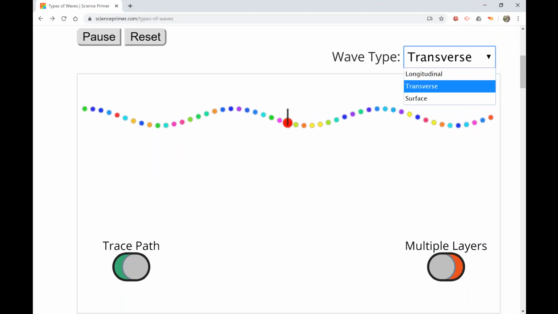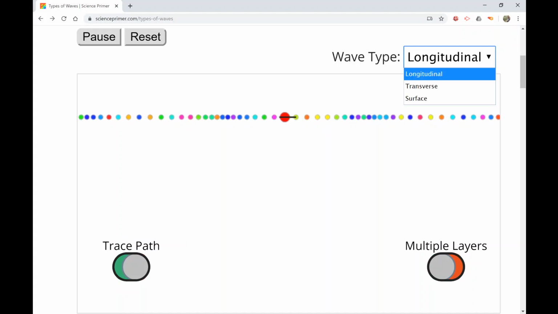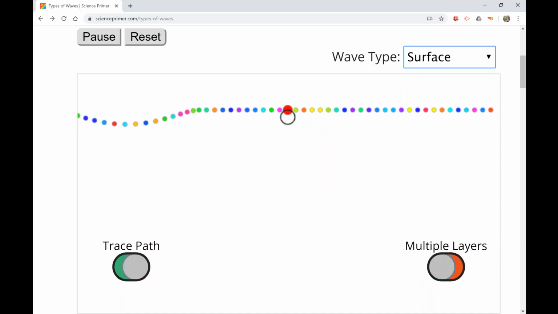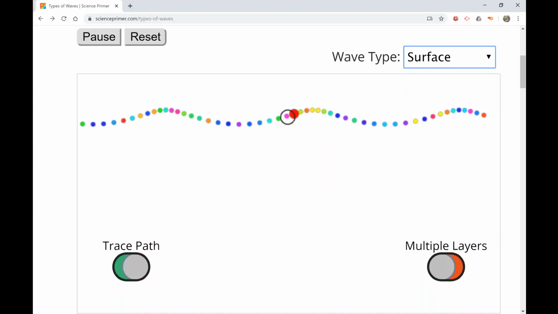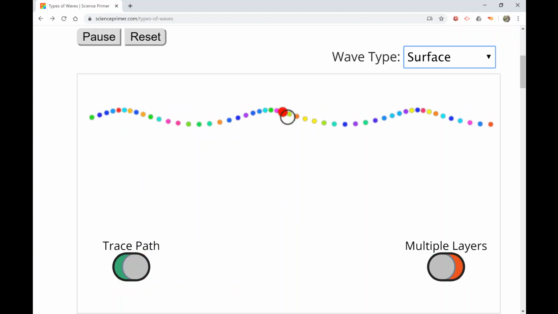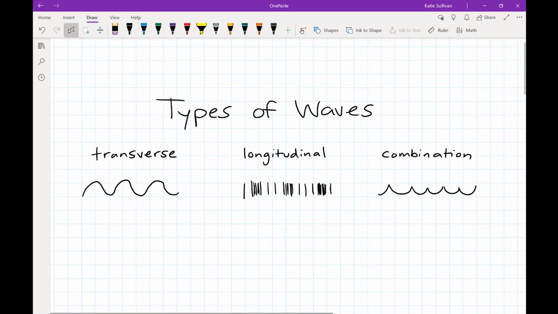We have longitudinal waves that move parallel to the energy. And we have surface or combination waves that move in a circular path, and they have up and down and side to side movements. Transverse, longitudinal, and combination. Those are your three types of waves.